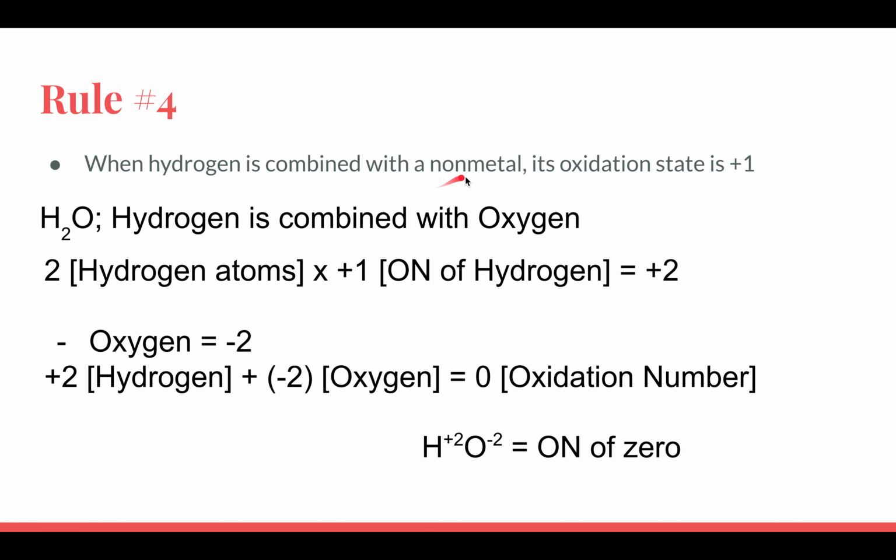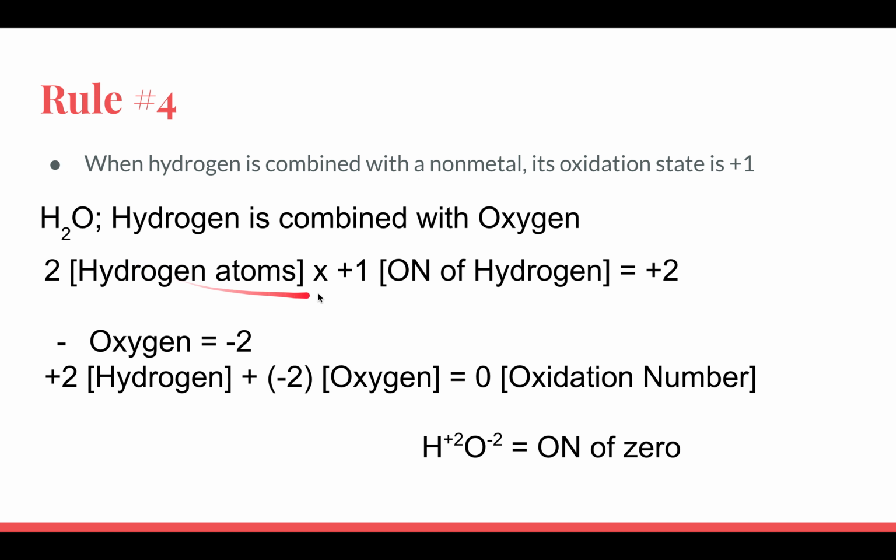Rule number 4. When hydrogen is combined with a nonmetal, its oxidation state is +1. For example, H2O. Hydrogen is combined with oxygen. Since we have two hydrogen atoms, and the oxidation number of hydrogen is +1, we know that it equals +2.